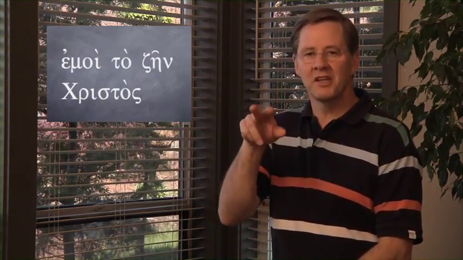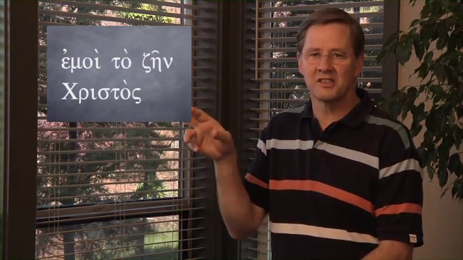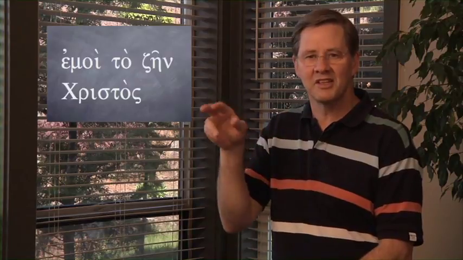Paul says, for example, to me, and then to zēn, and that's the infinitive of an alpha contract. That's why you need to look at the paradigms. For me to live, and then Christos is in the predicate. For me to live is Christ.